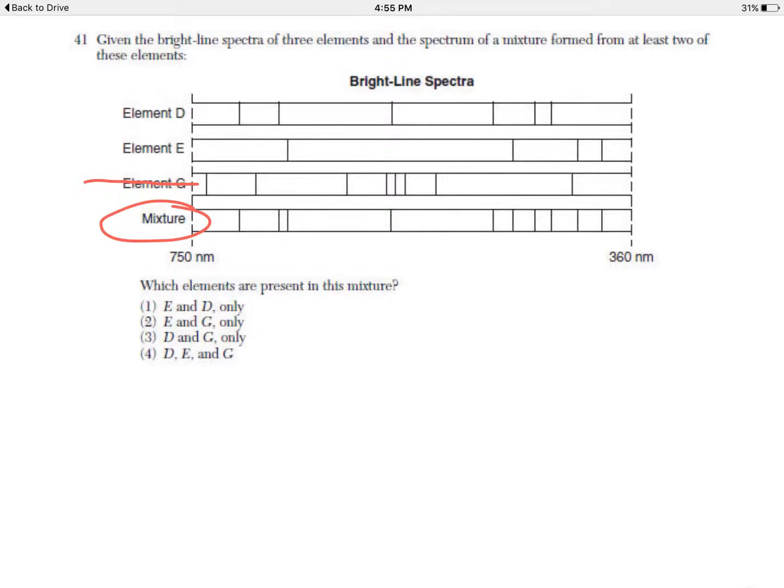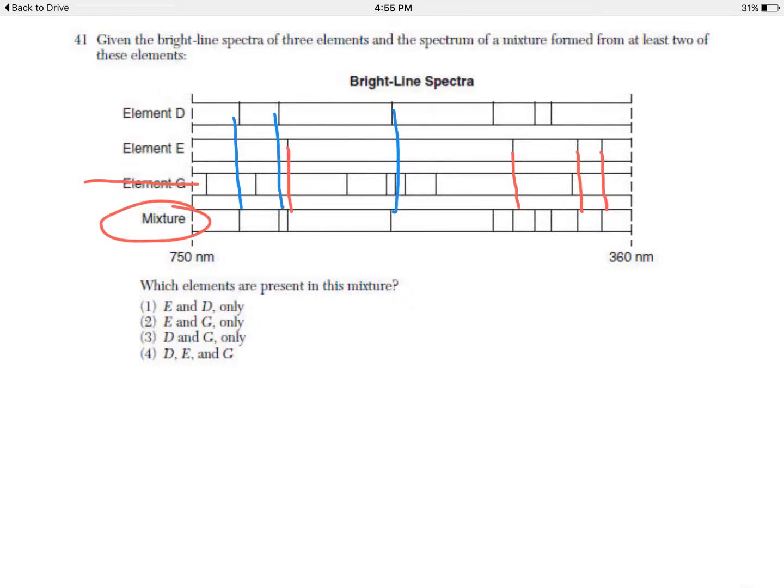However, if you look at element E and you go straight down, you can see how those lines are lining up, so to speak, with that pattern. So the mixture that we're viewing right now does have element E in it. So let's also check element D, and if you match them up, there is a correspondence once again.